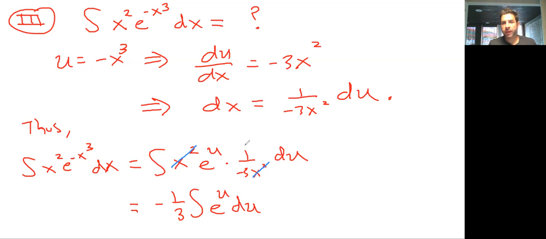And then the beautiful thing about the exponential function is its derivative is itself, which means its antiderivative is itself. And so we can easily compute this.